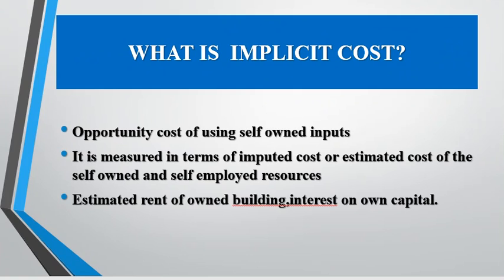Like if he is using his own building, and if he had given it on rent, then he would have earned the rent. So here we will be estimating the rent of the own building. If he is investing his own money, then we will be estimating how much interest he would have earned on his own capital by investing somewhere else.